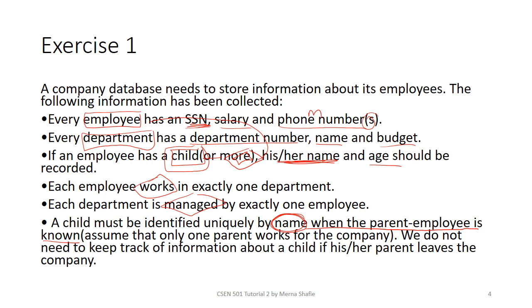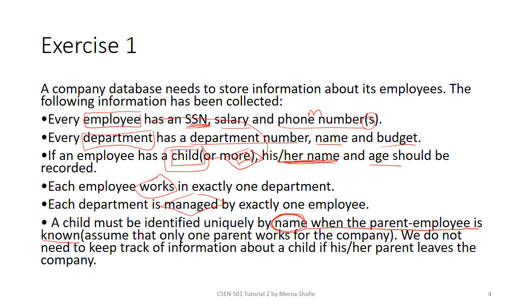Now, let's recap. We have an employee as an entity, a department as an entity, child with name and age, and works, which is a relationship between employee and department, and manages, which is another different relationship between department and employee. And we have a relationship that connects the employee with the child.